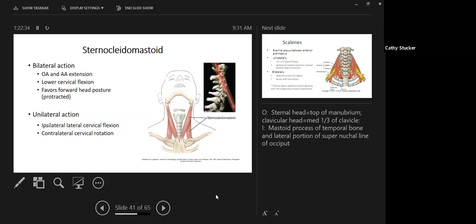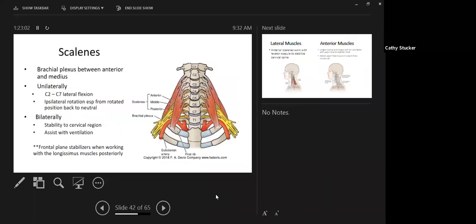If only one side is activated, if you're only activating your right sternocleidomastoid, you'll get side flexion to that side, so ipsilateral side flexion, but it actually is going to rotate contralaterally. So as it gets tight, it's going to rotate you left. So very, very interesting. I love that muscle.